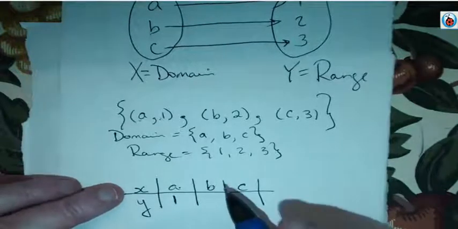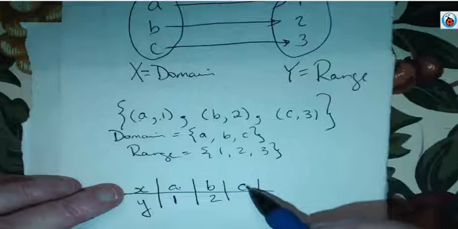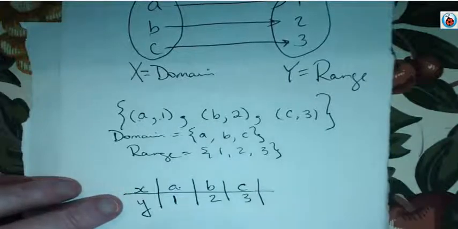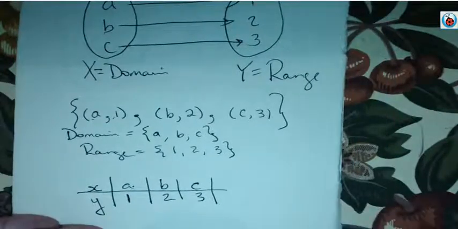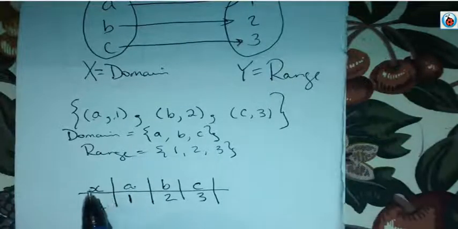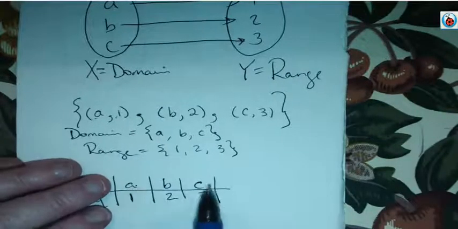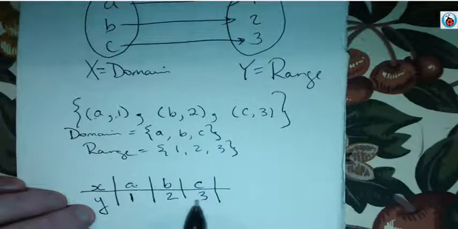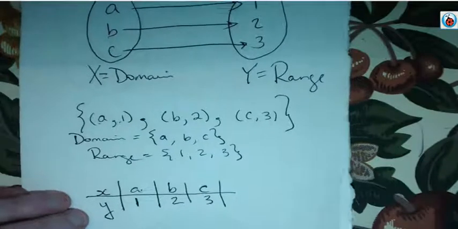B in my domain is paired up with the number 2. C is paired up with the number 3. Okay. And if you're asked what's your domain, my domain is going to be these entries in the top row, and my range is going to be these entries in the bottom row.